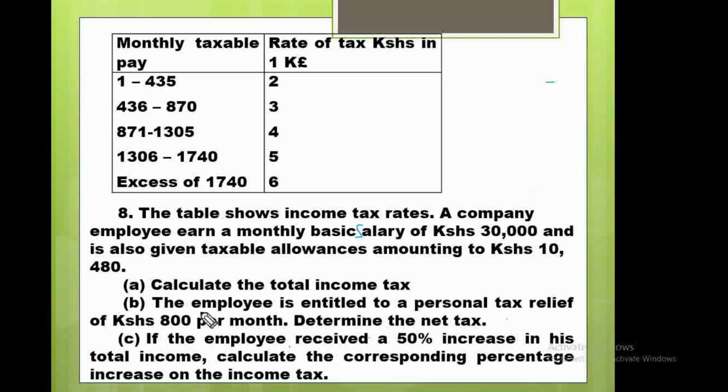Part B, the employee is entitled to a personal tax relief of 800 Kenyan shillings per month. Determine the net tax. So you can go ahead and now get the net tax. And lastly, part C, if the employee received a 50% increase in his total income, calculate the corresponding percentage increase on the income tax. So you can put that question down.